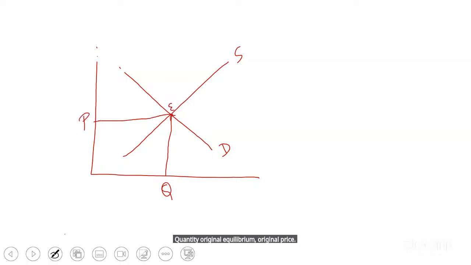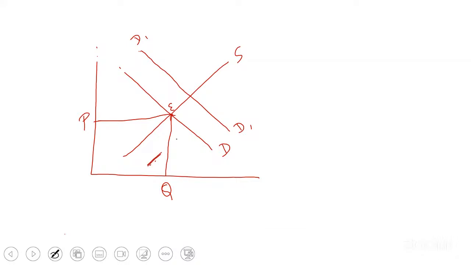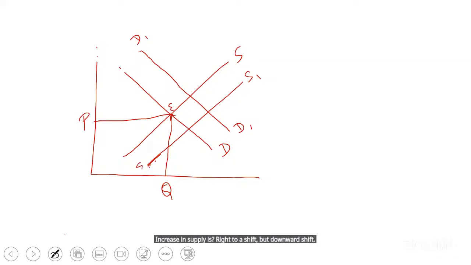Now both of them increase. Increase in demand is shown by upward shift, rightward shift but upward shift. Increase in supply is rightward shift but downward shift. What is the result? Look at the new equilibrium, S1 and D1.